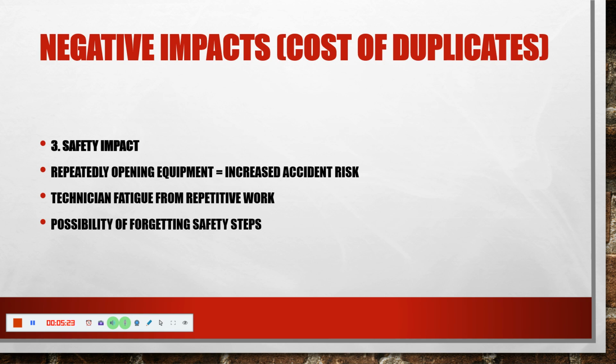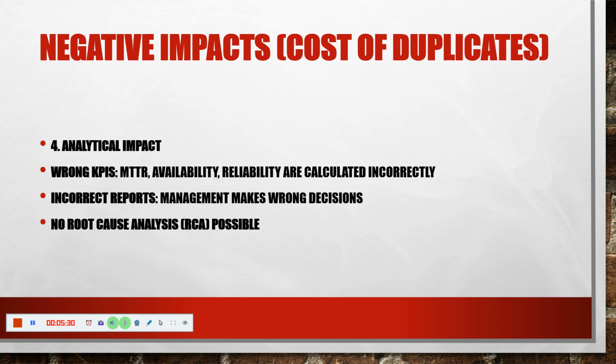The other negative impact when we have a duplicated work order is a safety impact. And finally, about reporting. When we have a duplicated work order, we don't have a valid report, and we cannot correctly calculate some KPIs like MTTR, availability, or reliability.